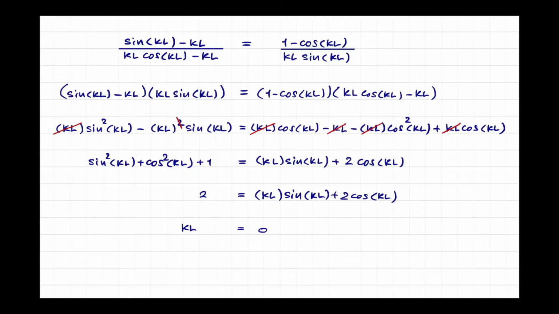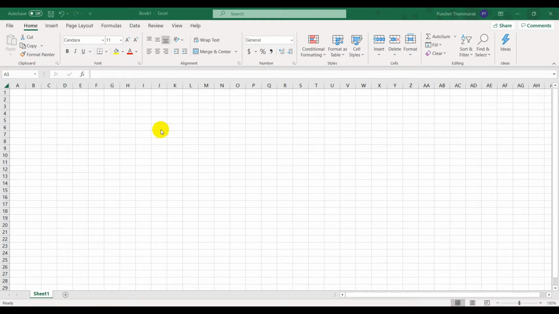So if KL makes pi over 2 or pi over 4, let's think of it, pi over 4, cosine pi over 4, which is, right, jump to the computer. Okay, enough, give up.